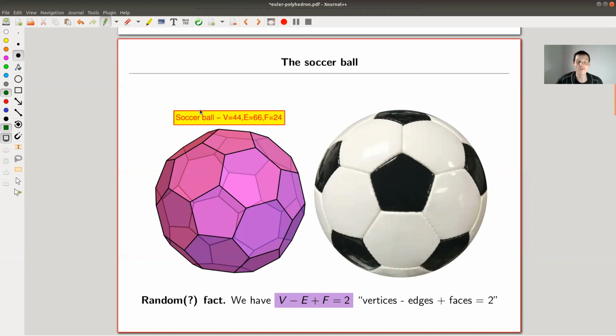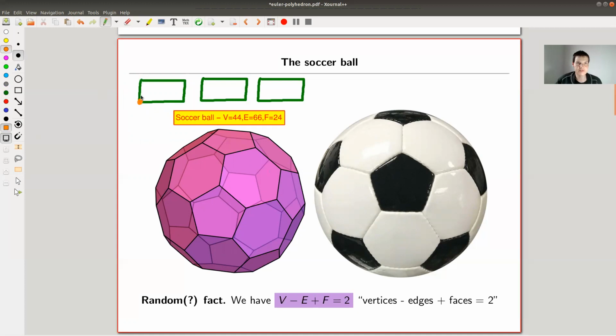Anyway, I'm thinking about polyhedra, and the polyhedra I want to think about have three types of data I would like to count. They have vertices.